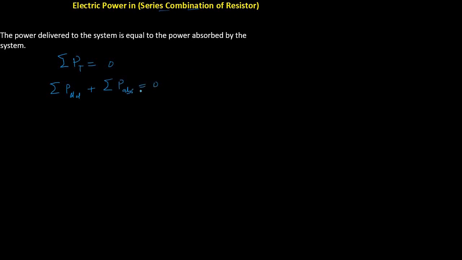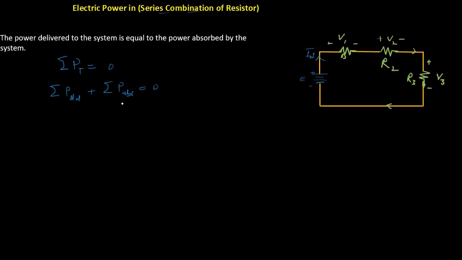Now to understand this point in more detail, let's take an example in which we have a DC voltage source connected in series with three resistors R1, R2 and R3. E is the potential difference across the terminals of this DC voltage source.